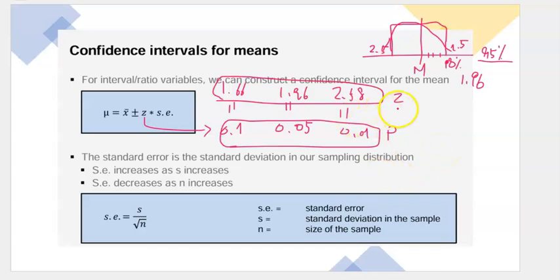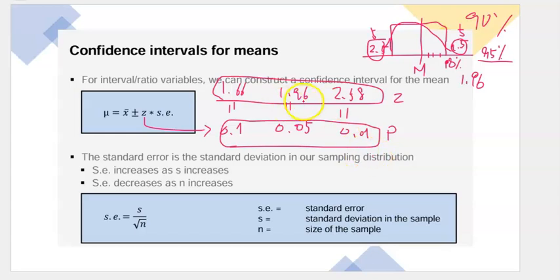When you have the Z score 1.66, that means your distribution is about 90%. This part is 5% and the other part is 5%. So 5 plus 5 is 10, so the 90% becomes 0.1. That's the p-value.